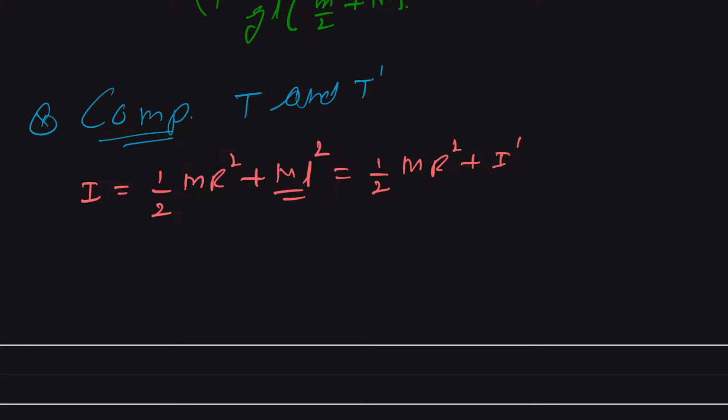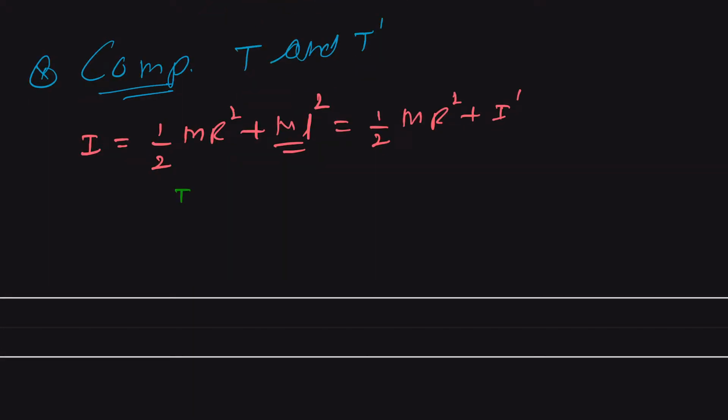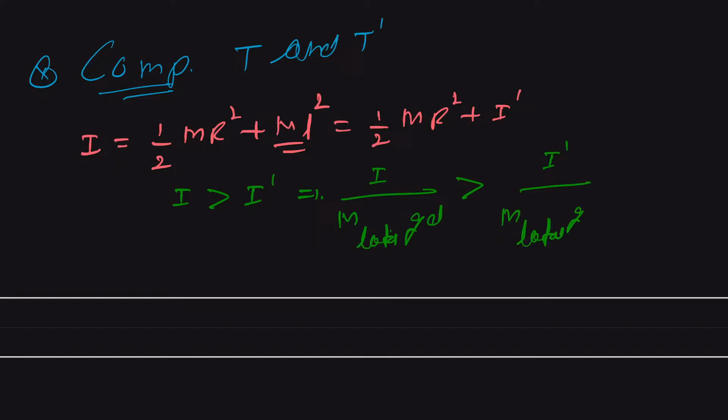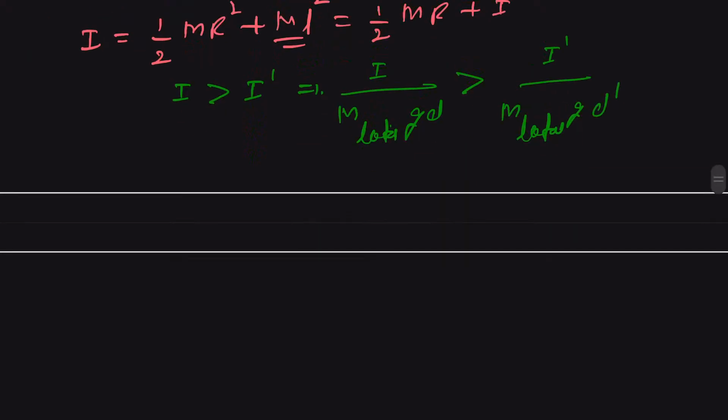Therefore we can say that I is greater than I prime, and we can also say that I upon m total g d will be greater than I prime upon m total g d prime, or we can say that T will be greater than T prime.